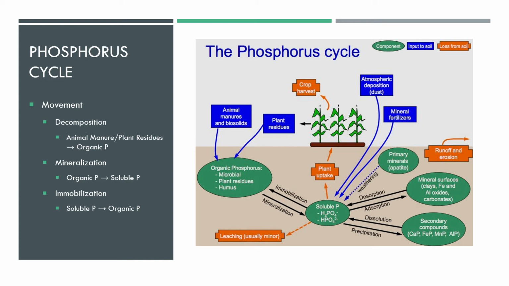Here it's mineralization and immobilization, respectively. Then there's weathering. This is from our primary minerals, our different rocks. They weather and give off soluble phosphorus. Those rocks break down and give off soluble phosphorus.